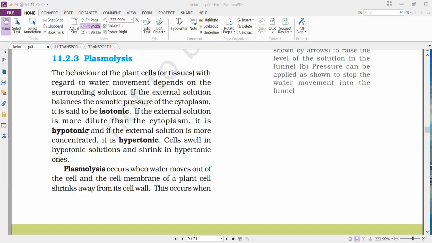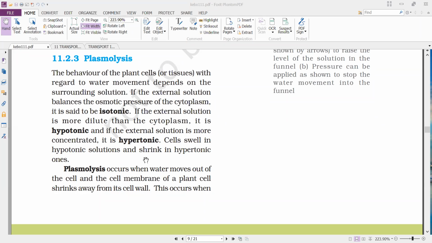And next, what happens when the cell is placed in a hypertonic solution? Hypertonic means a higher concentration external solution and a lower concentration in the cytoplasm of the cell.